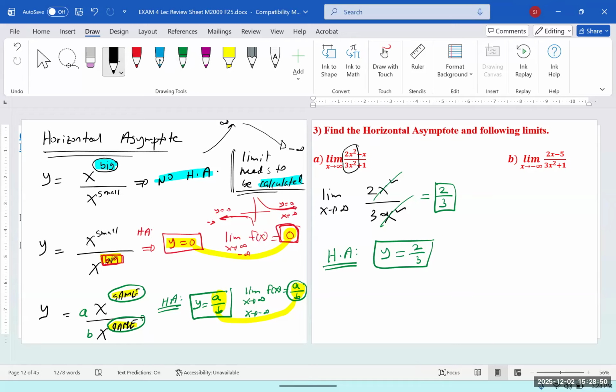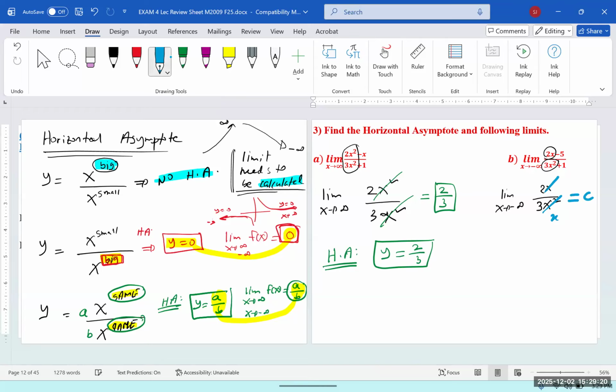The next one is the same. The limit as x goes to negative infinity, and you just have to look at the highest degree on the top and the bottom. The highest degree on the top is 2x, and on the bottom it is 3x squared. If the denominator is bigger, anytime the denominator is bigger, we don't care about anything else.